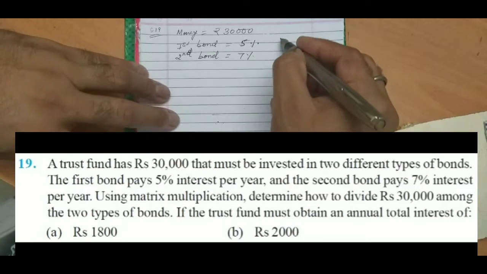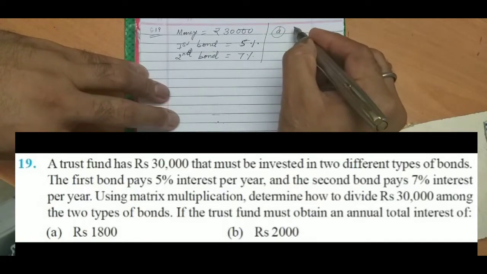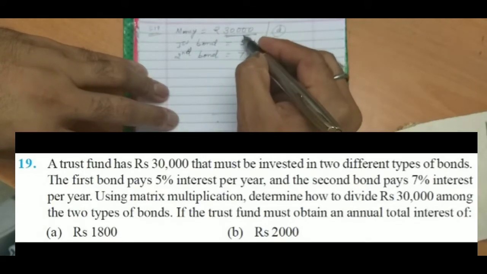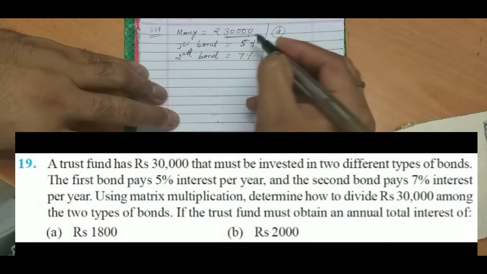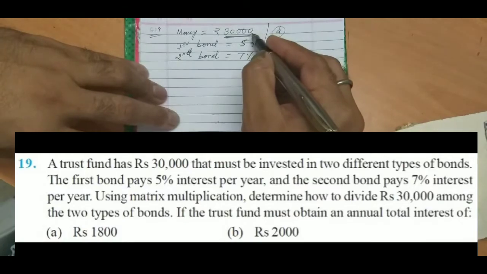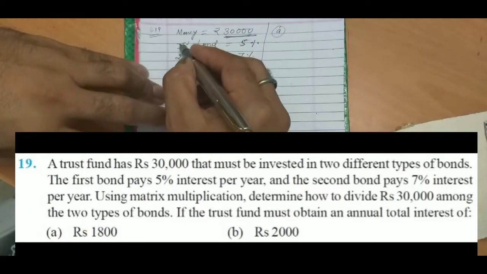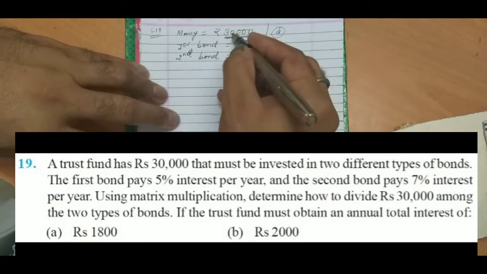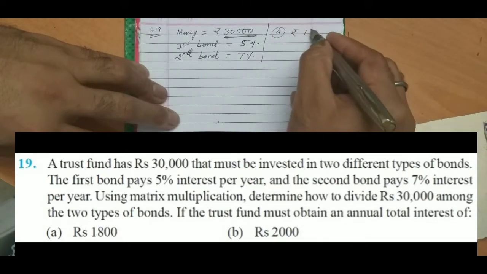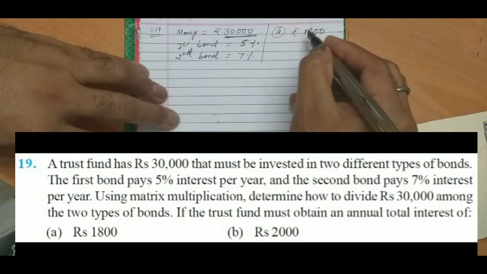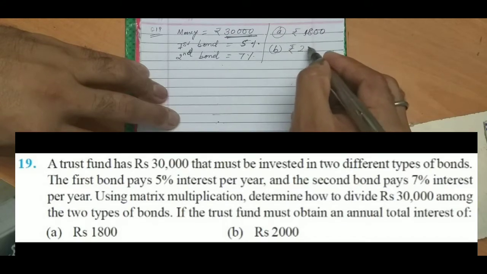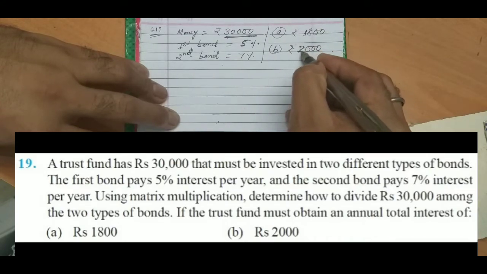So in part A we need to divide this 30,000 into two parts, so that by investing that money into two parts, first part in the first type of bond and the second part in the second type of bond, we get rupees 1800 as interest, and in part B we get rupees 2000 as interest.